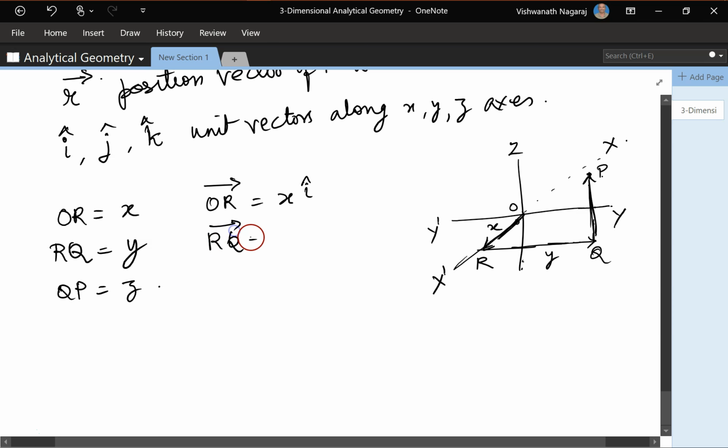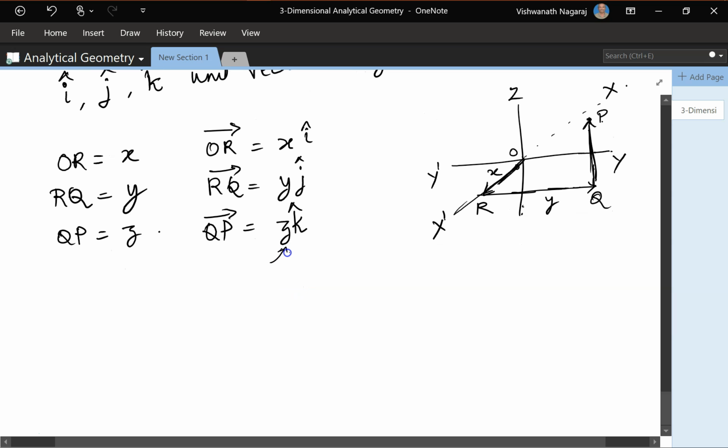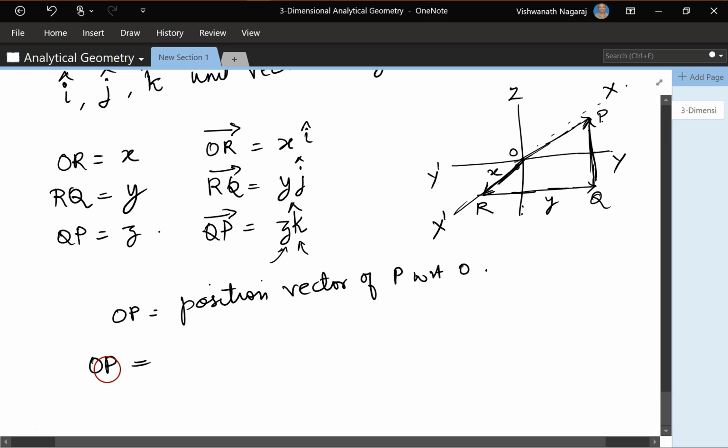RQ is equal to yj. QP is equal to zk. This is the magnitude and this is the direction. Now, purely based on vector arithmetic, OP is going to be the position vector of P with respect to origin. Now we know OP is nothing but the sum of all these other vectors.